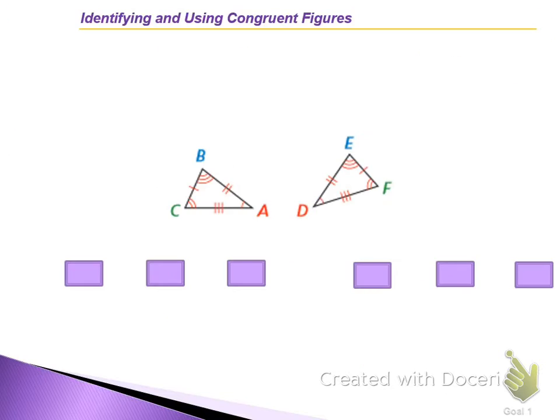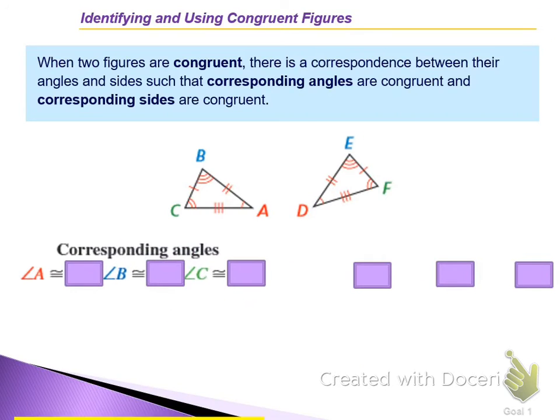Ready? So it says when two figures are congruent, I think that's your first blank. When two figures are congruent, there is a correspondence. Write really small.